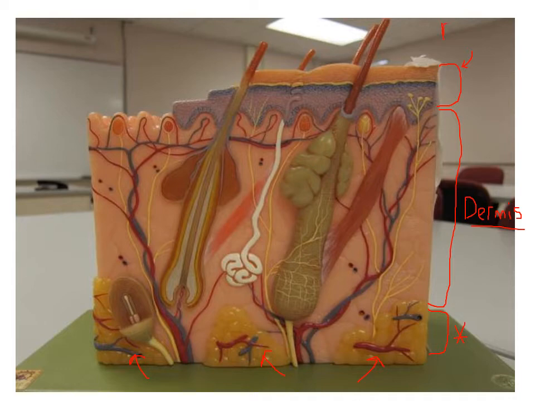Remember, epi means above. So I've got the dermis, which is the middle, the main layer, the epidermis above that, and then the hypodermis below that.